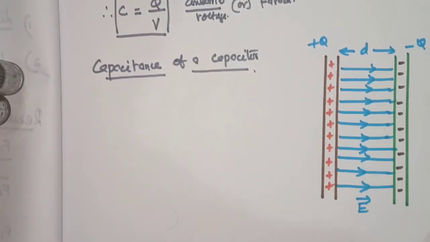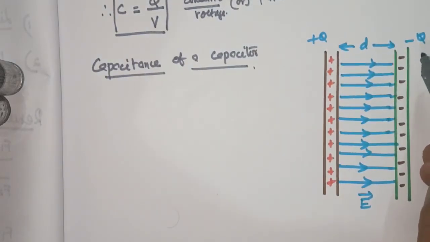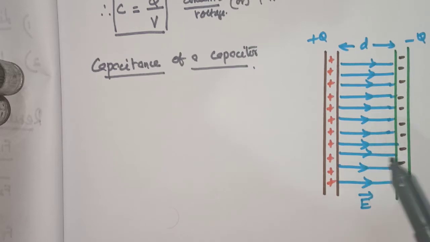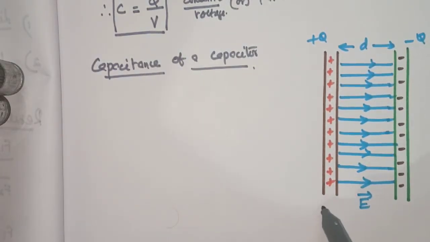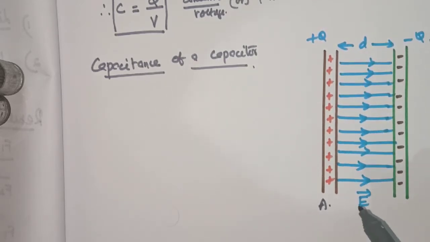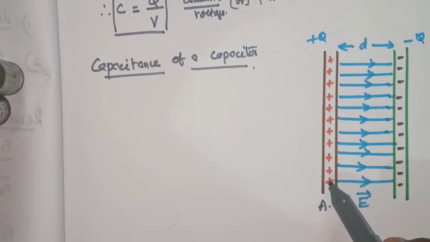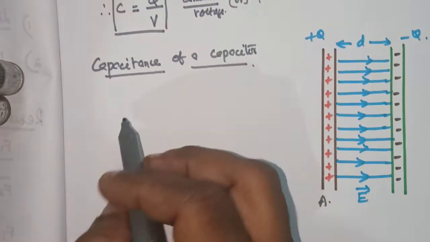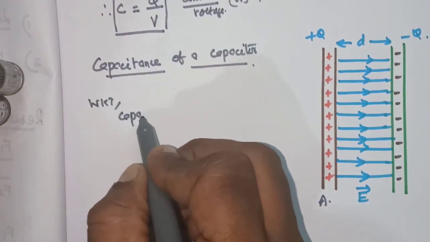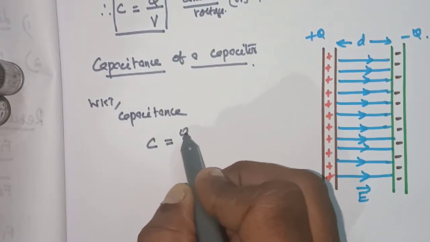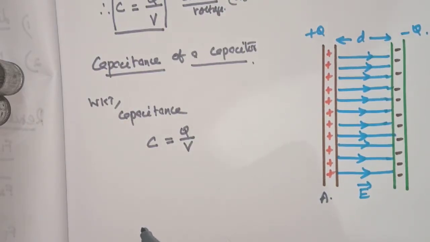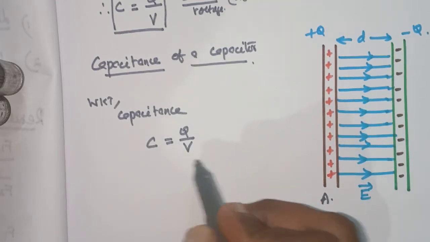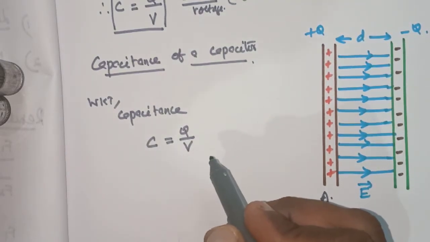When an electric field is applied, plus Q charge is created here, minus Q charge is created here, separated by a distance D. The voltage is applied to plates of area A. So we know the capacitance equation, C equals Q by V. The charge stored in the capacitor per 1 volt is called capacitance.